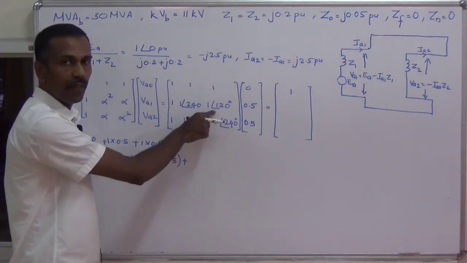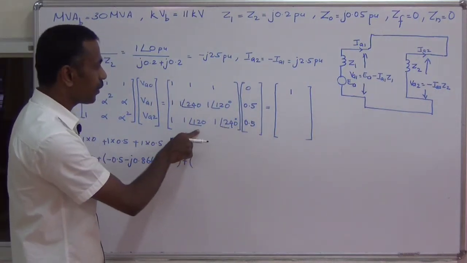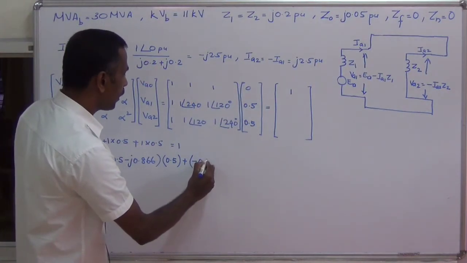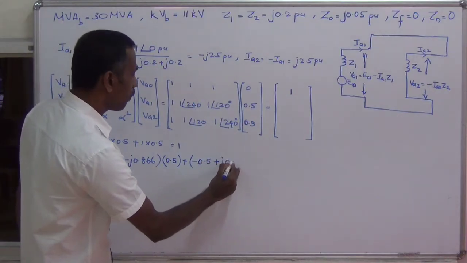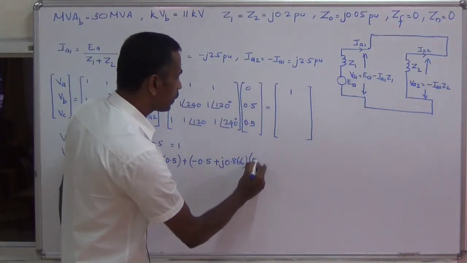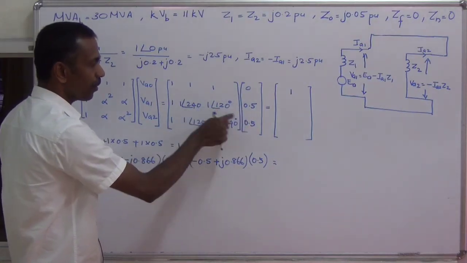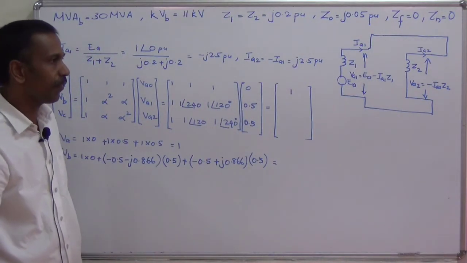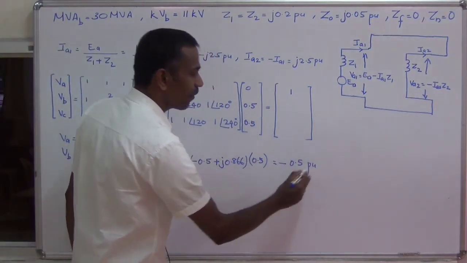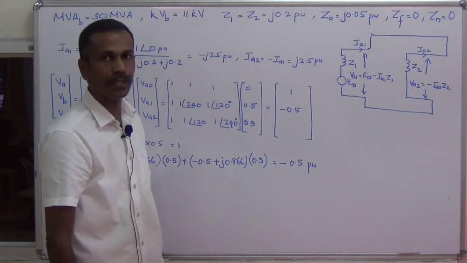Plus 1 angle 120 into 0.5. 1 angle 120 equals minus 0.5 plus j 0.866 in the rectangular form, into 0.5. And this is equal to minus 0.5 per unit.